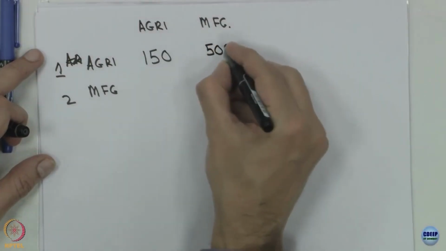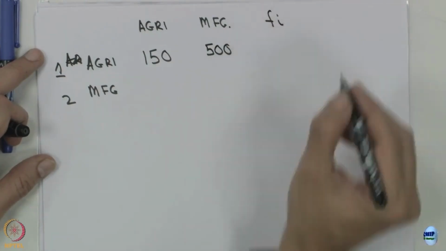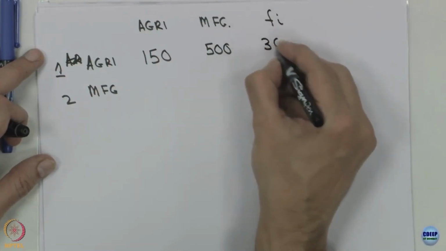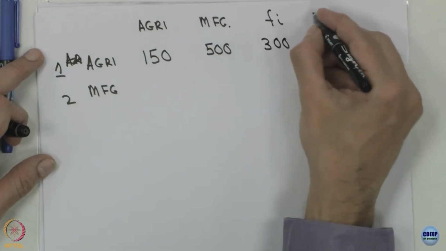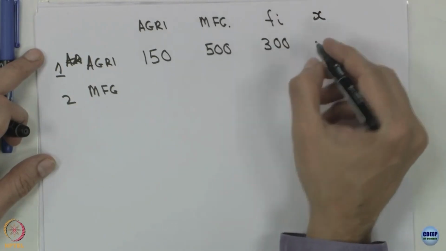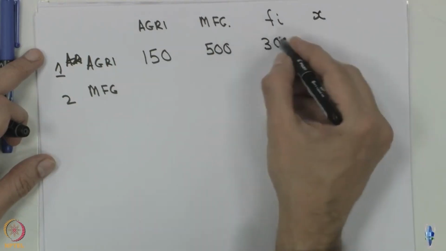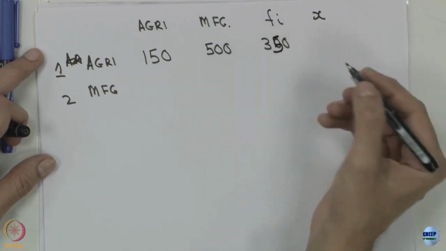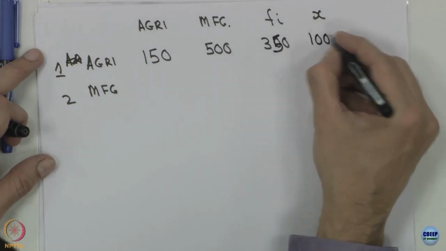Manufacturing is 500, and the total final demand Fi for this is 300. So the total, the Xi, is going to be 150 plus 500 plus, sorry, this is 350. You can see this is 350. So this total is total output.